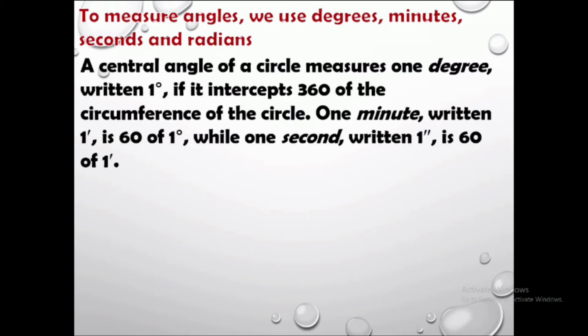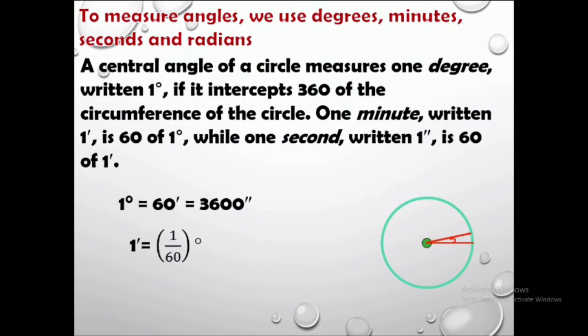An angle of a circle measures 1 degree, written 1°, if it intercepts 1/360 of the circumference of the circle. 1 minute, written 1', is 1/60 of 1 degree, while 1 second, written 1'', is 1/60 of 1 minute. 1 degree equals 60 minutes and equals 3,600 seconds. 1 minute equals 1/60 degrees, and 1 second equals 1/3,600 degrees.